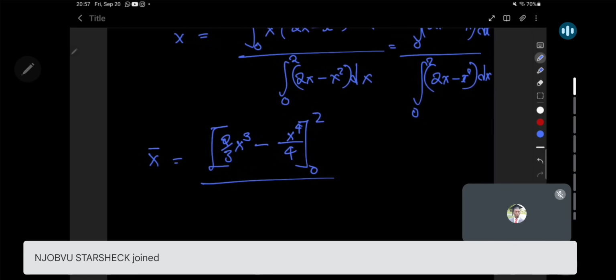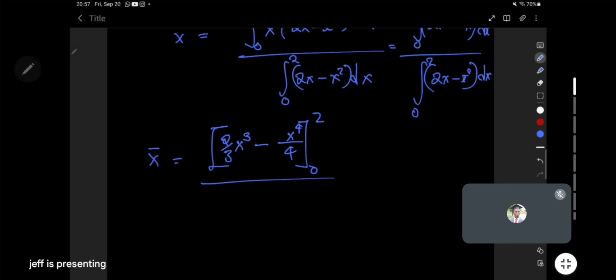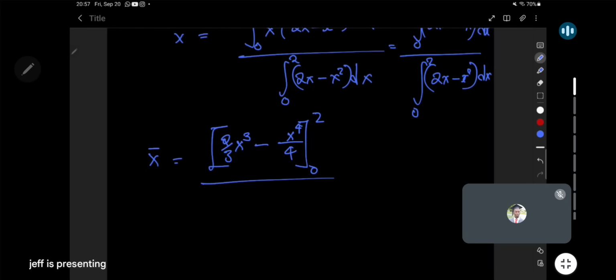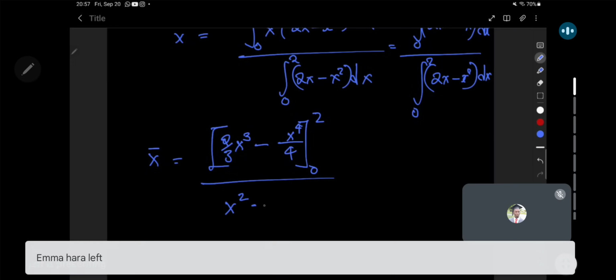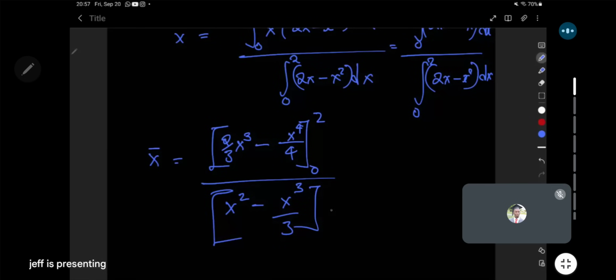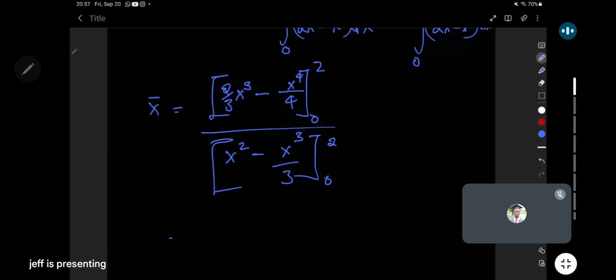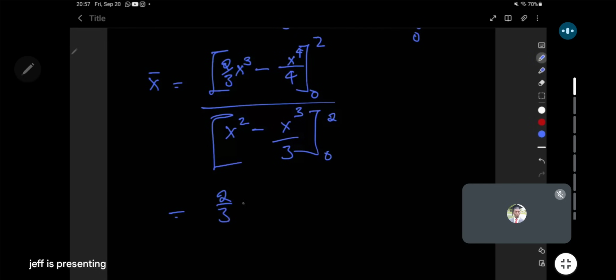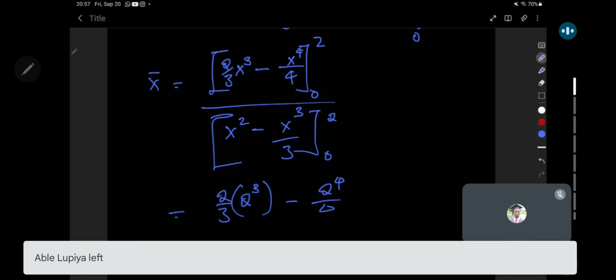In the denominator, it will be 1 plus 1, 2, which divides to cancel this, so it will just be x to the power 2 minus x to the power 3 over 3. 0 to 2. When you substitute 2 in the numerator, that will be 2 over 3 times 2 to the power 3 minus 2 to the power 4 over 4.